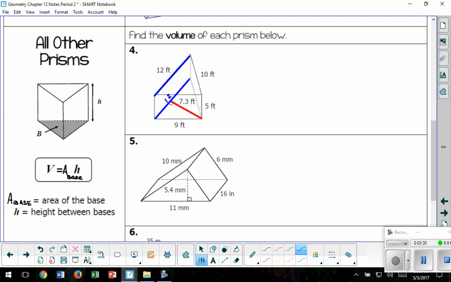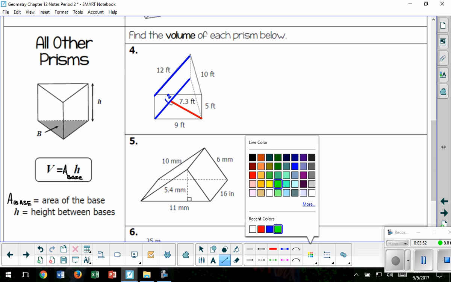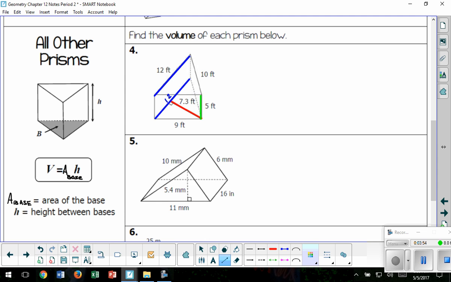So you can figure out the area of the base. What's the height of the figure? 5. He's right. Remember, the height of the figure goes from base to base. The 10 and the 9 aren't needed. They're just there to screw you up.